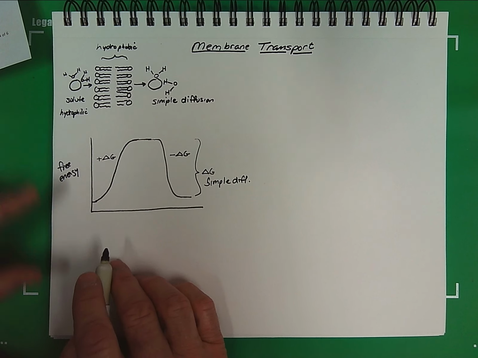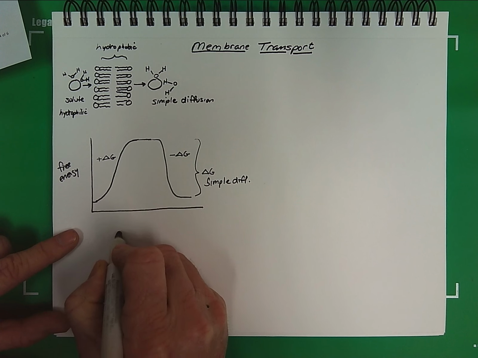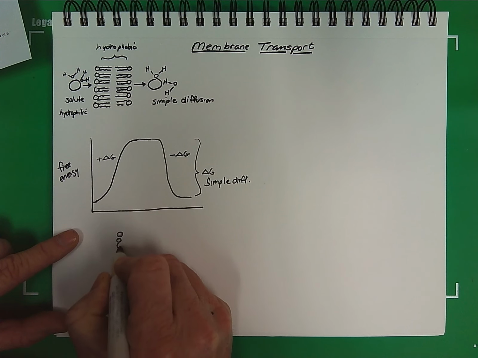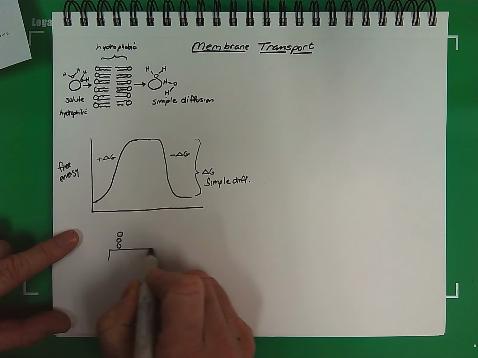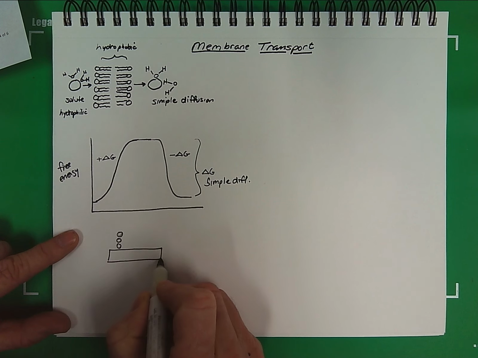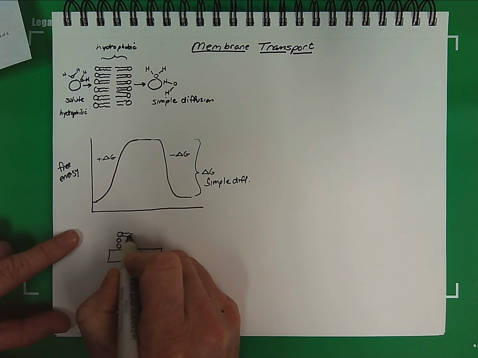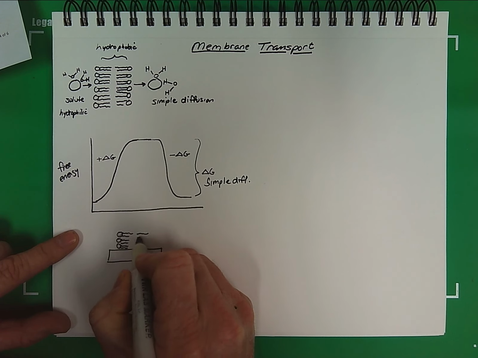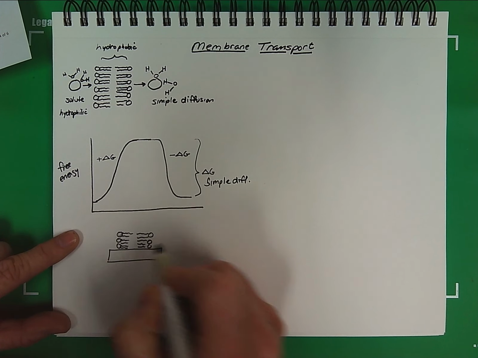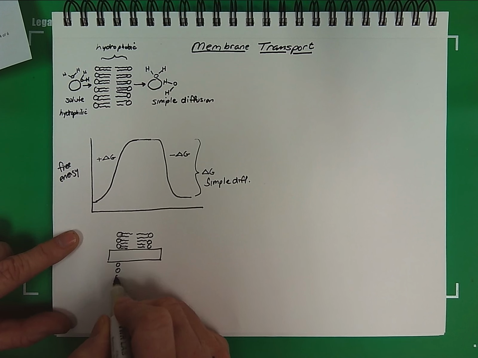So the way we can get around this problem is to introduce a protein in the membrane. So let me draw a couple hydrophobic domain fatty acid tails here. And this will indicate that we now have a transmembrane protein.